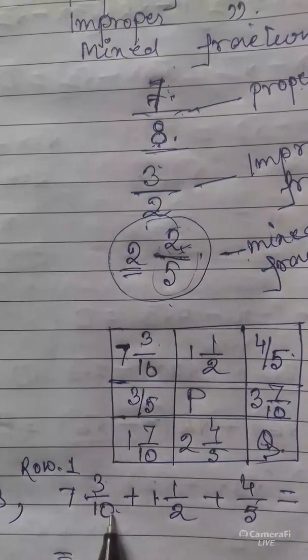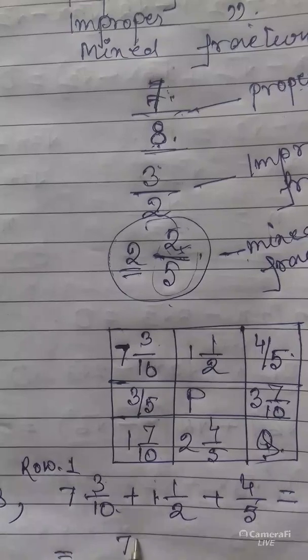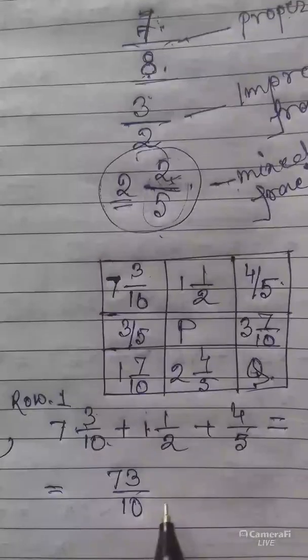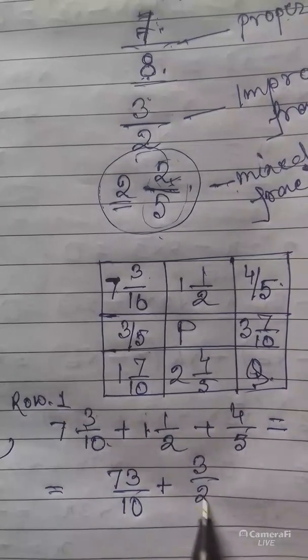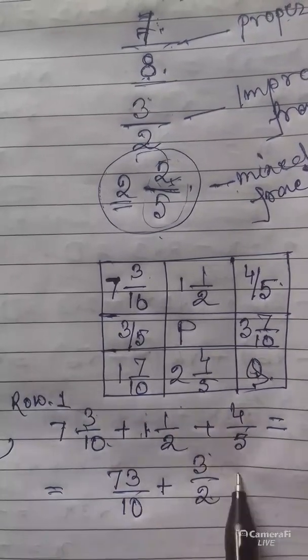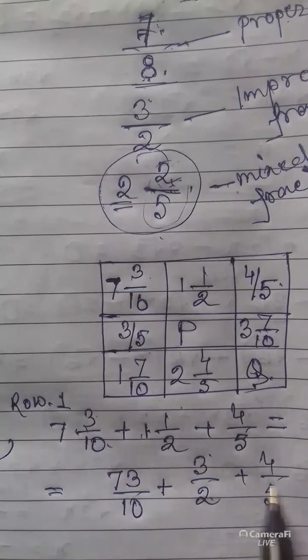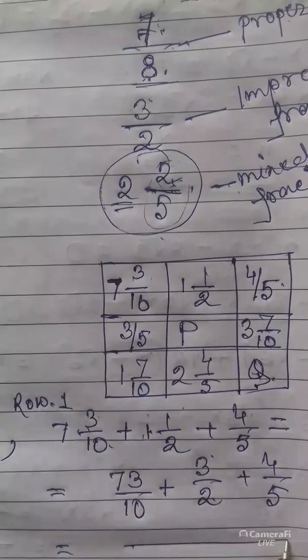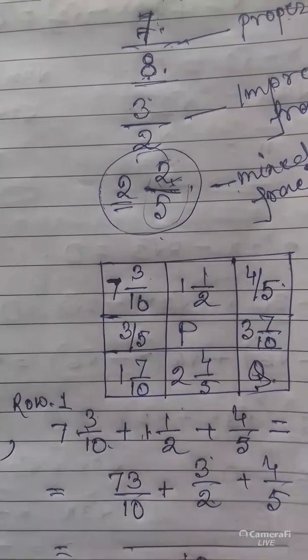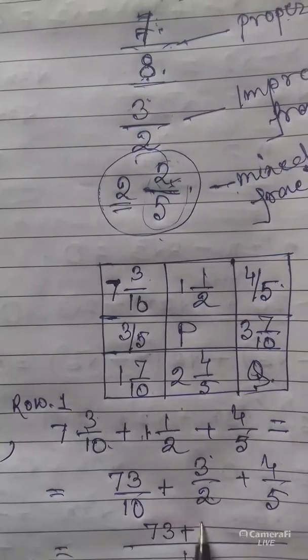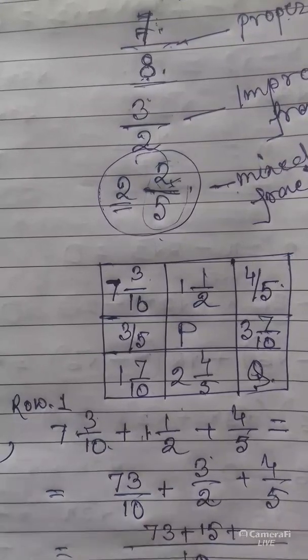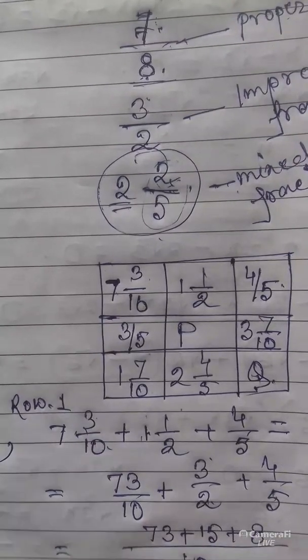7 whole 3 by 10 means 73 by 10. 1 whole 1 by 2 means 3 by 2 (2 times 1 plus 1), so 3 by 2 plus 4 by 5. Now the LCM is 10: 73, plus 5 times 3 is 15, plus 2 times 4 is 8.